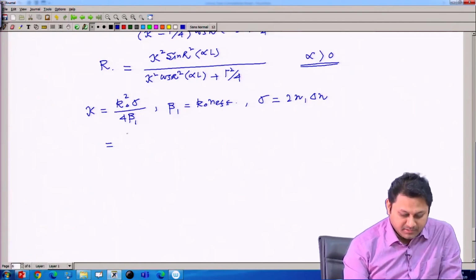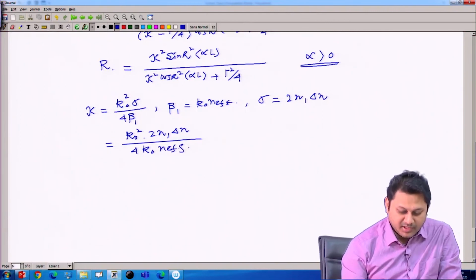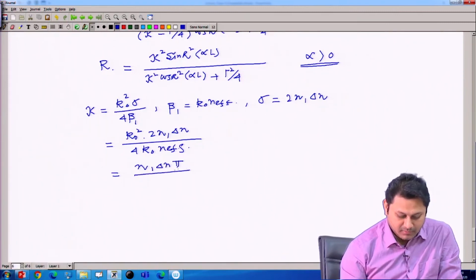This k0 square sigma, I can write as 2 n1 delta n divided by 4 of k0 n effective, and one k0 will cancel out, and if I replace this k0 by 2 pi divided by lambda 0, eventually I am going to have n1 delta n pi divided by lambda 0 n effective. This is a form of kappa.